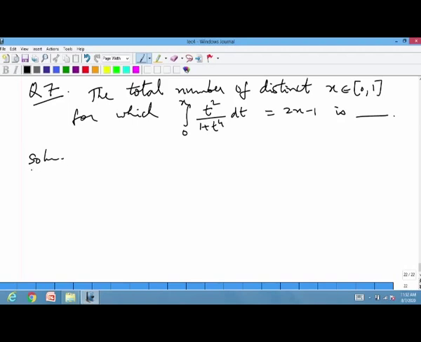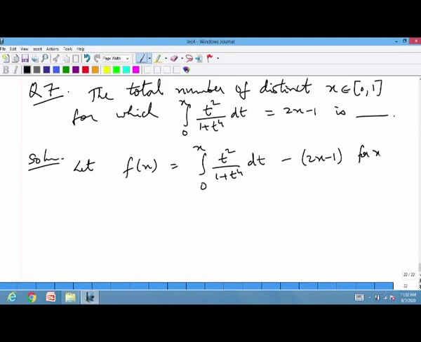So, let us write f(x) equal to the integral of 0 to x of t square by 1 plus t to the 4 dt minus (2x minus 1), for x belonging to 0, 1.